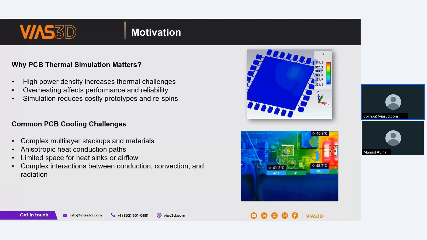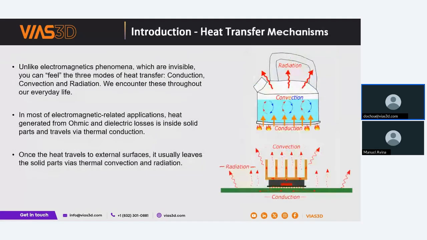So I will briefly discuss some of the basics. You might know that we have three forms of heat transfer: conduction, convection, and radiation. No matter what we do, we will encounter these three forms of heat transfer in everything in our everyday life.